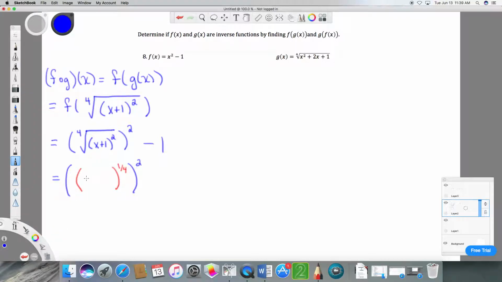And that is the base here. What we're taking the fourth root of is x plus 1 squared. So when you have a power raised to a power, you multiply these exponents together. So 2 times 1/4 times 2, all of that is equal to 1.